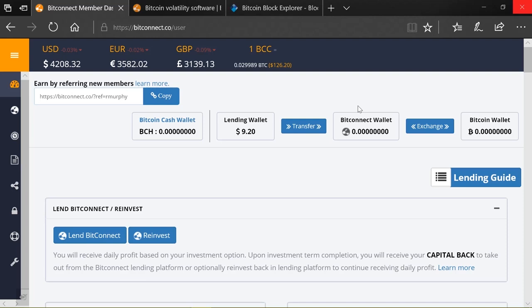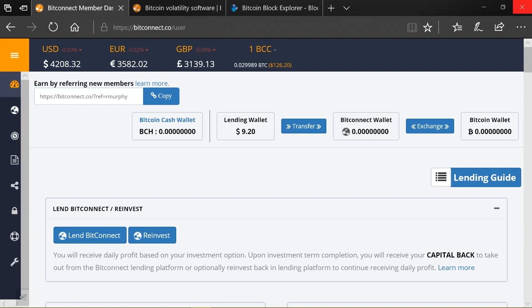I say just a trading bot, but that is one of the biggest features of the whole platform, and we'll go into that in more detail later on. Once you have Bitconnect coins, which appear in here, you will be able to do many things with them. Number one, you can exchange or lend them into the trading bot system.